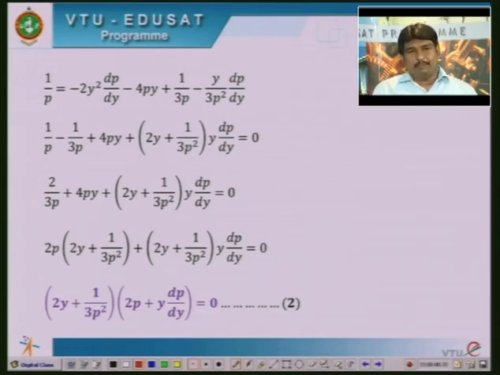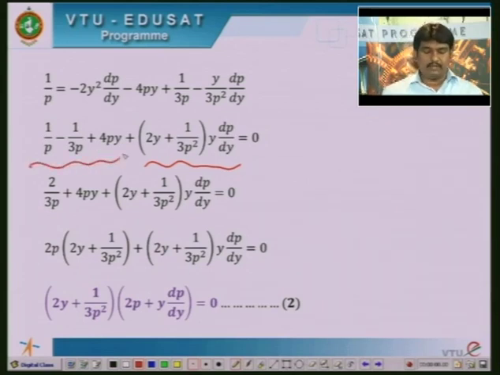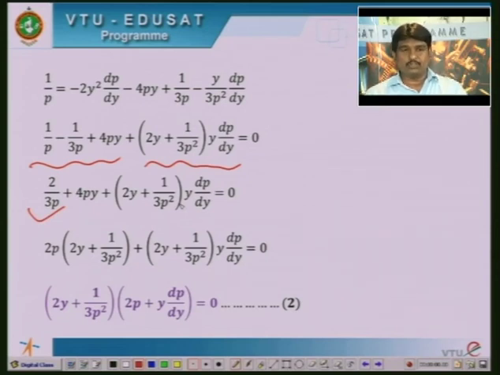You collect the dp/dy terms, which is (2y² + y/3p²) dp/dy, and keep the remaining terms on one side. Now factorize it. After simplification, 1/p - 1/3p becomes 2/3p, plus 4py as it is. This term I have written as it is: (2y + 1/3p²) y dp/dy = 0.